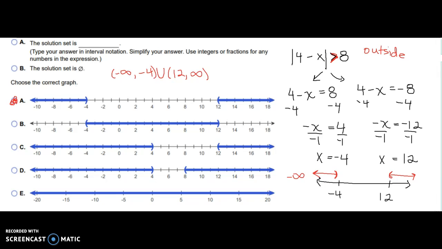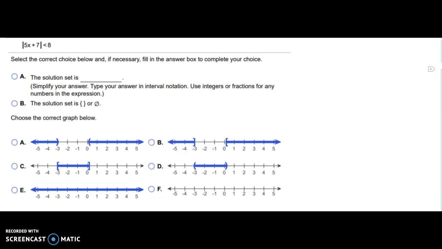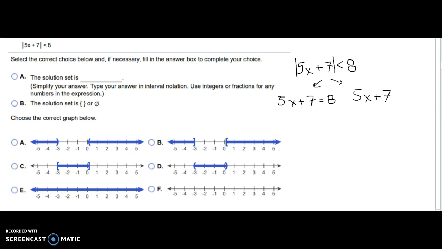I believe the next one is less than. Yes, so for less than, again, you're going to solve it like an equation. We have 5x plus 7 is less than 8 in absolute value bars, and you're going to split it into the two options again. 5x plus 7 could be 8, or 5x plus 7 could be negative 8.